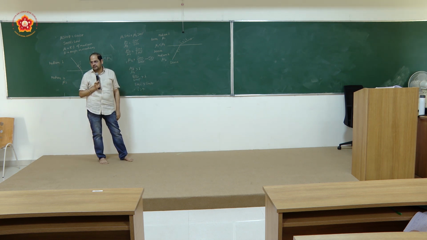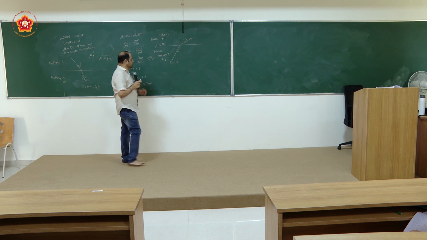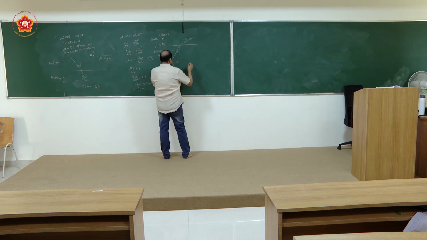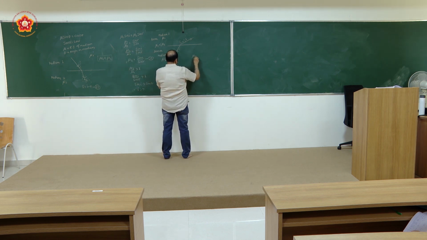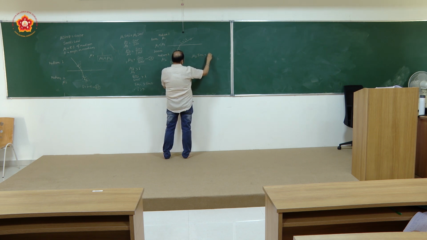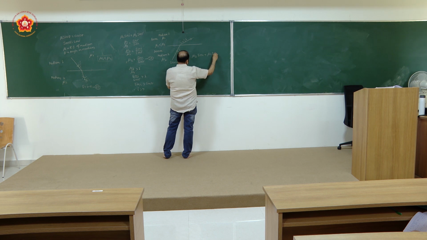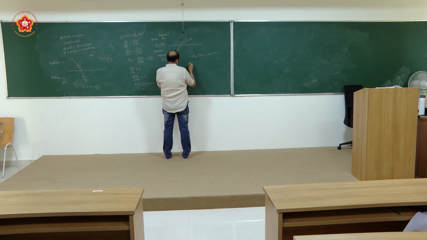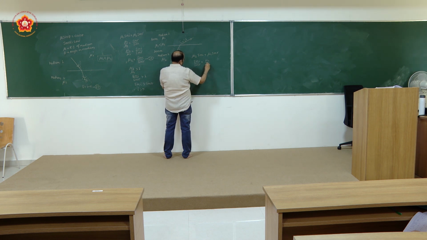Got it clearly? Now, when I'm using Snell's law, I will be writing here mu2 into sine of I is equal to mu1 into sine of R. So if I rearrange this term, sine of I upon sine of R will be equal to mu1 upon mu2.